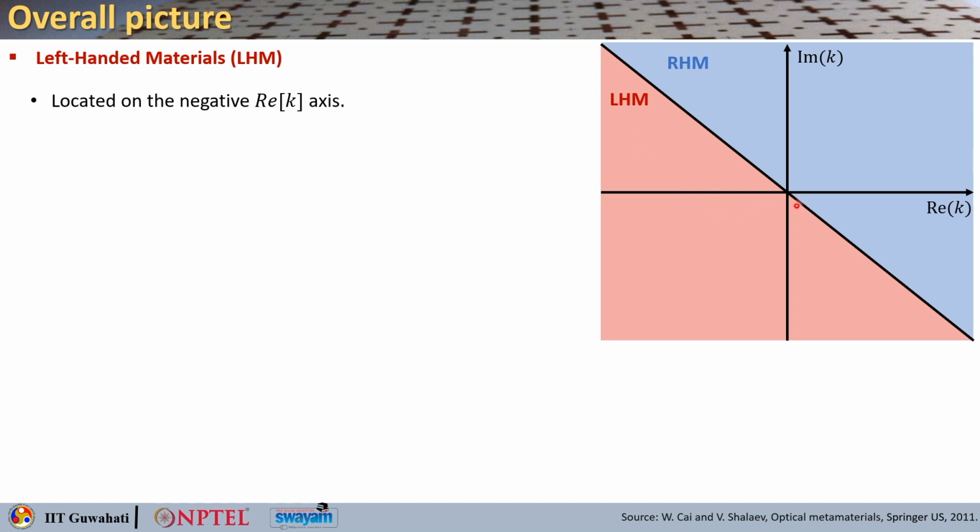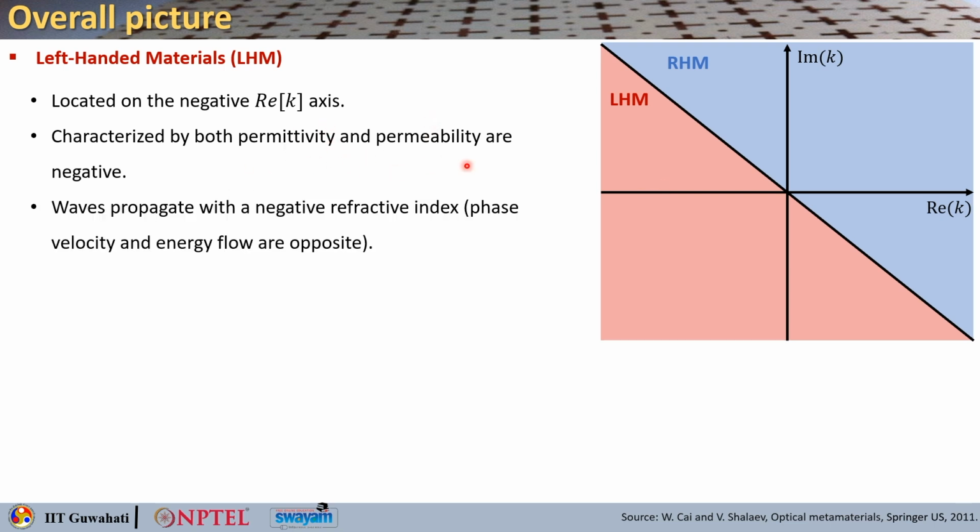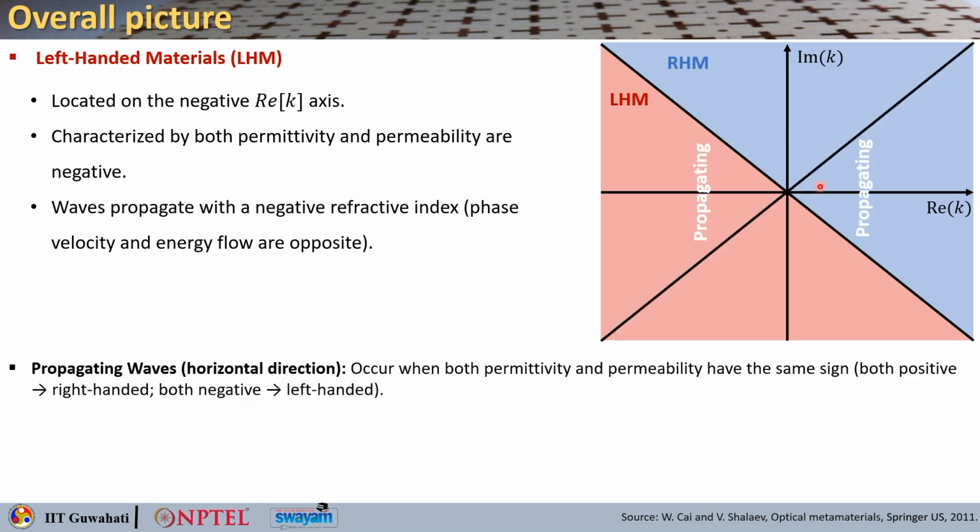That is located on the negative real part of the k axis. It is characterized by both permittivity and permeability being negative. Here also the wave can propagate, but it propagates with a negative refractive index, that means the phase velocity and the energy flow are opposite to each other. So, in both cases you have propagation along the horizontal direction.